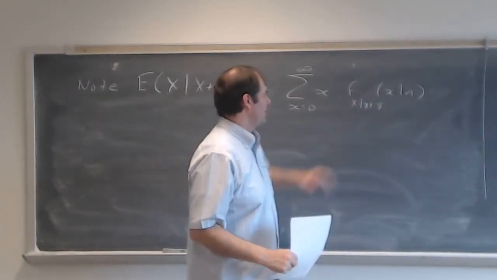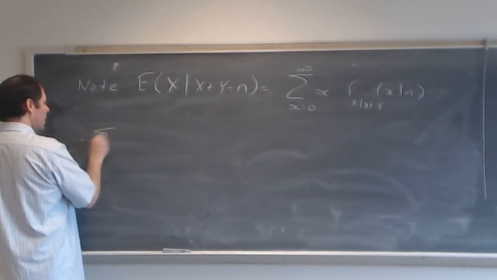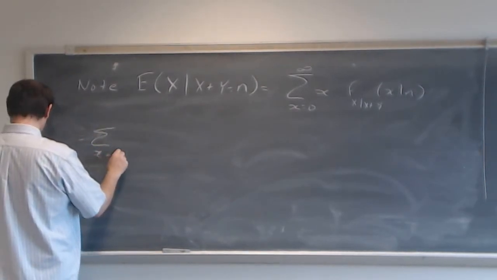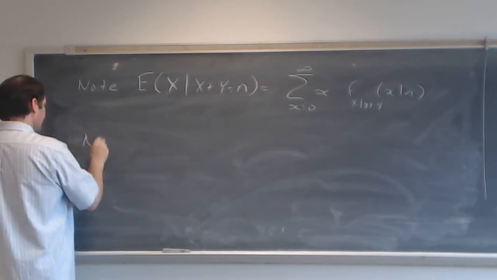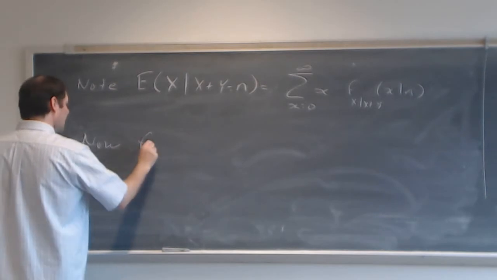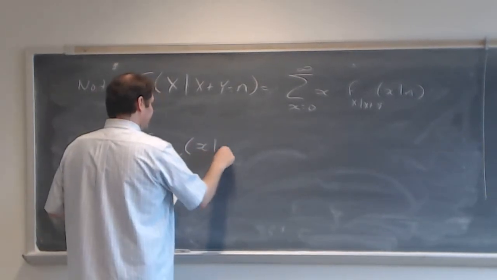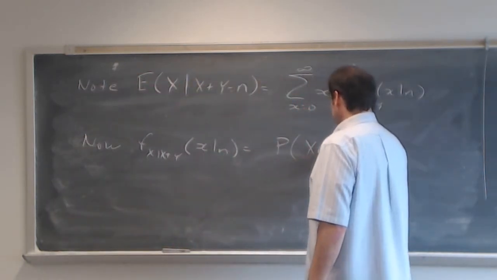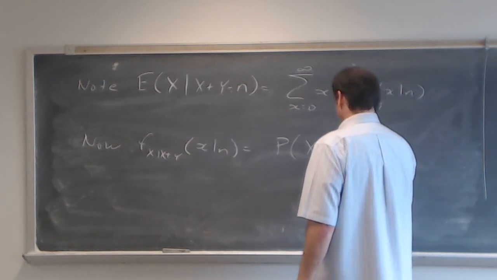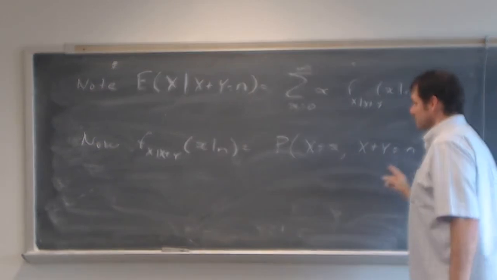Okay, well, we have to think about this a little bit. So what does that mean? That's the same thing as the sum, as x runs from, well, maybe we individualize that. So we just look at f of x given x plus y, of x given n. What does that mean? That's the probability that X is equal to little x and X plus Y equals little n.